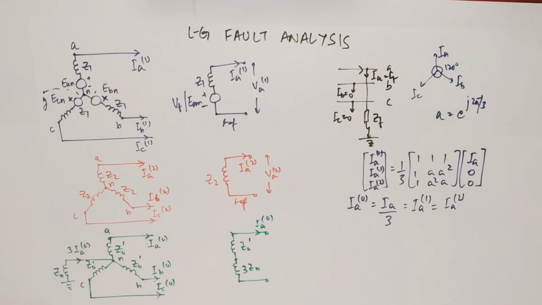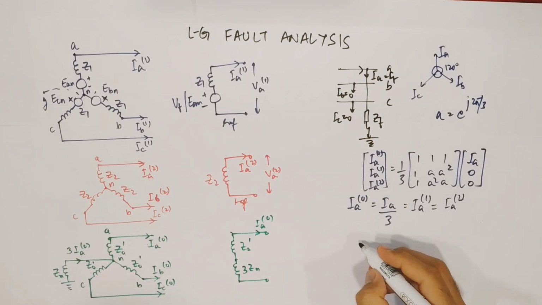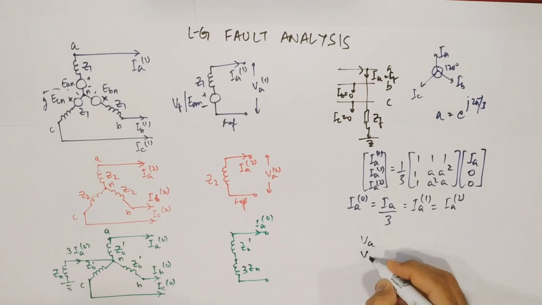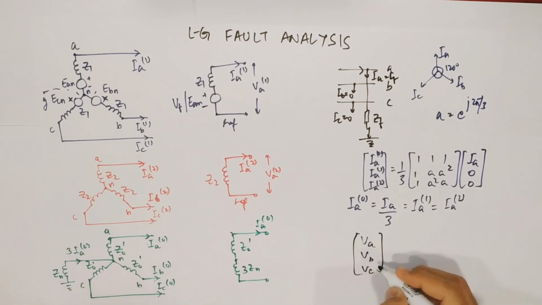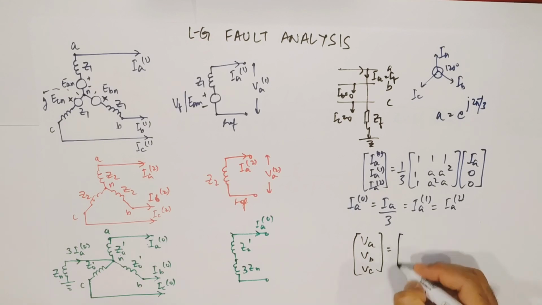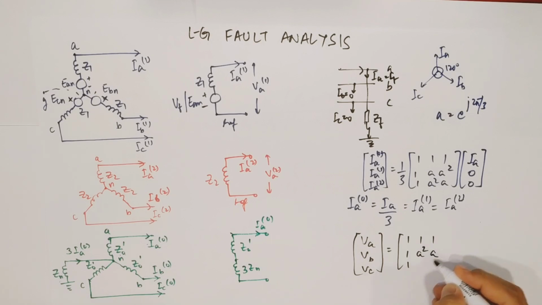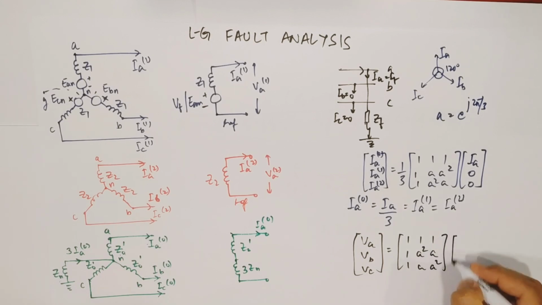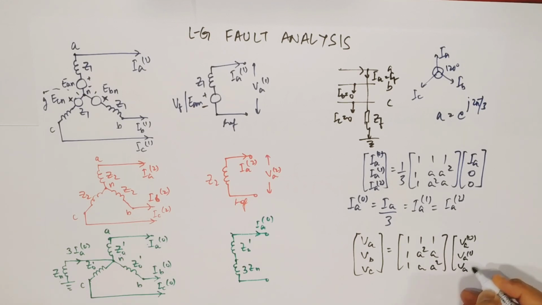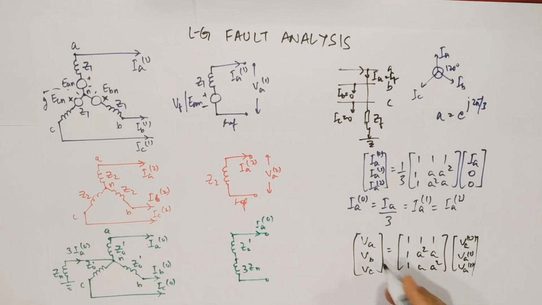Now one more point we can see, if we draw for a voltage source, suppose this is VA, VB and VC, and if we have to write in positive, negative, zero sequence components, we will write by using this matrix. We also saw this matrix in my previous lecture. So this becomes your VA0, VA1 and VA2 negative sequence. So if you write for VA, it will be VA0, that is zero sequence, plus VA positive sequence plus VA negative sequence.